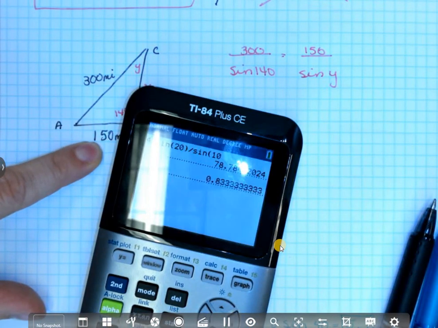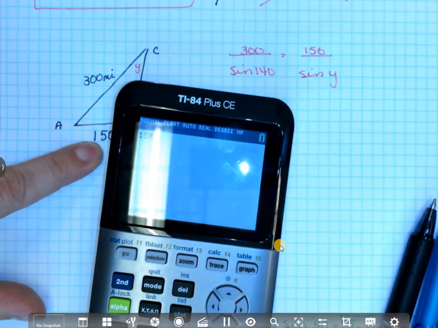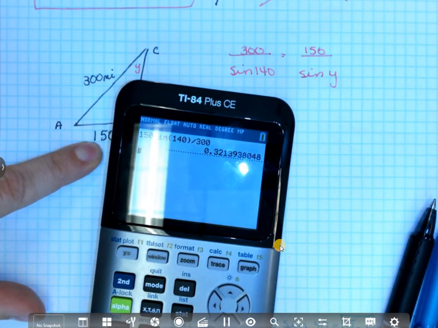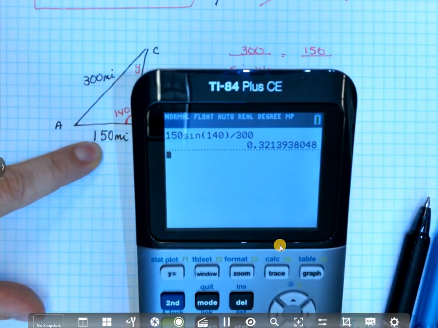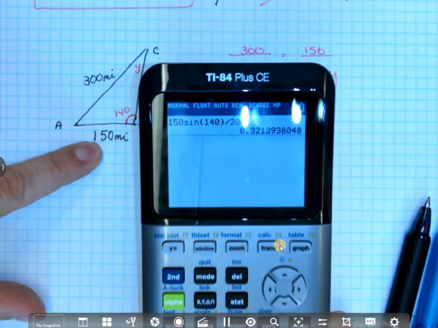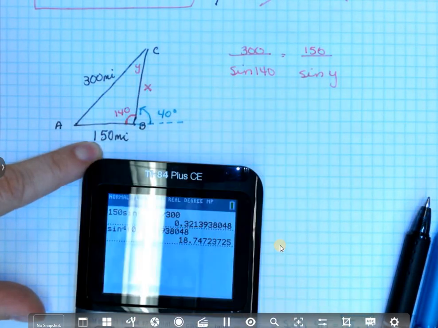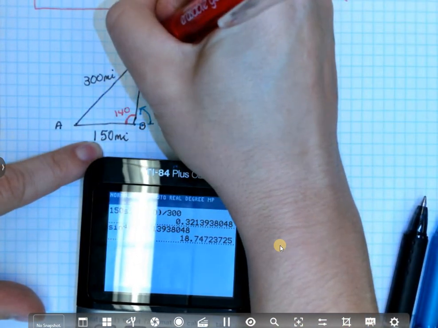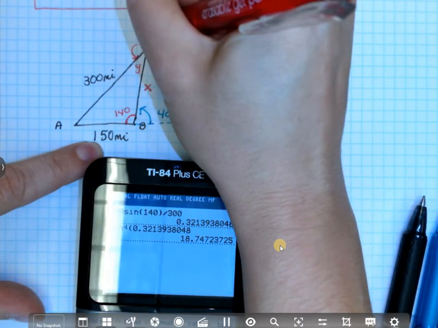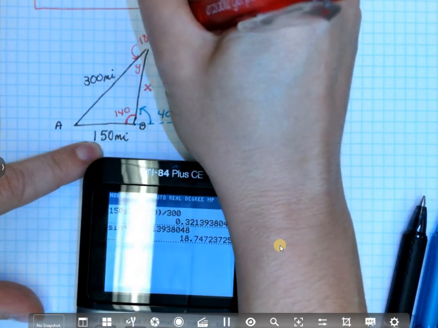So when I do that, I'm going to take 150 times the sine of 140, close that parenthesis, divide it by 300, and then what do I do with that answer? Inverse sine. Boop, grab it, good. And so I get that angle up there is 18.747 degrees.